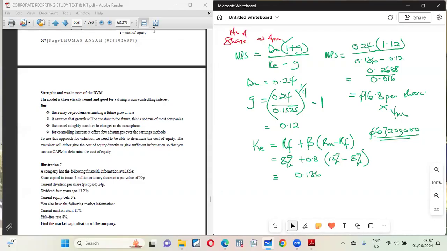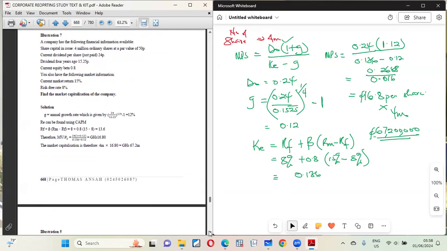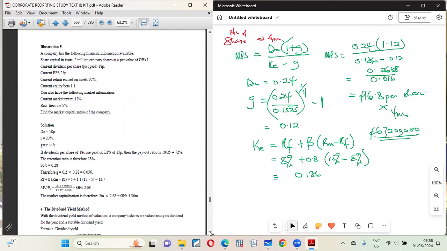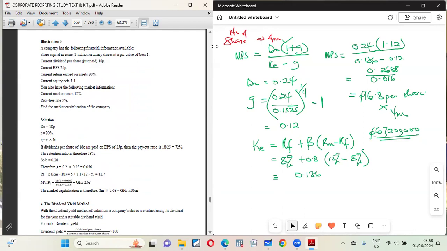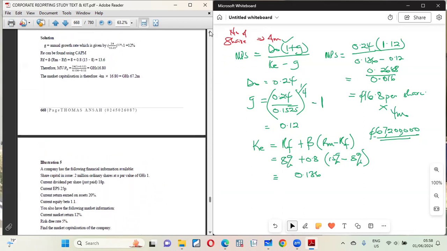Okay. Then we can take the second illustration, which I believe applies the Gordon's growth model. So what is the illustration saying? We have something like a company has the following. This one too has 2 million ordinary shares.